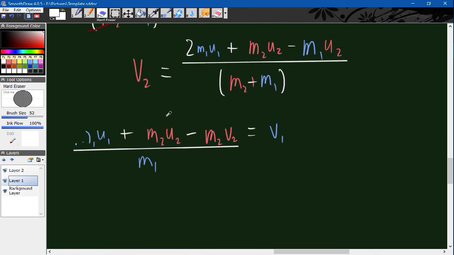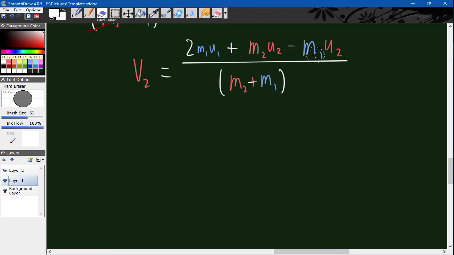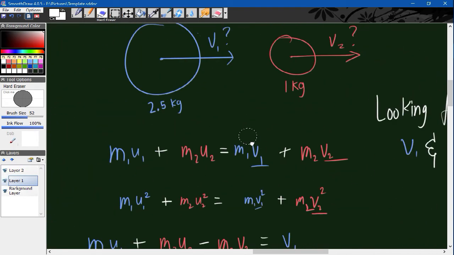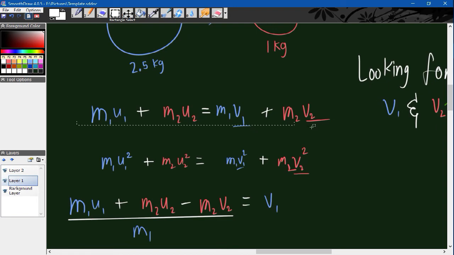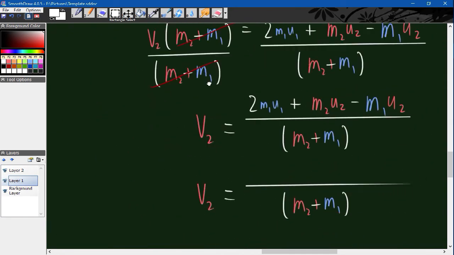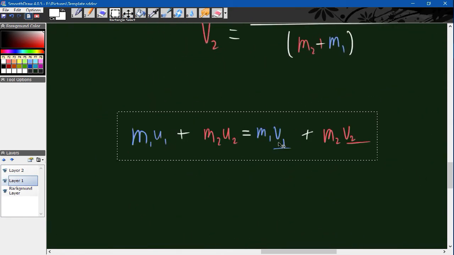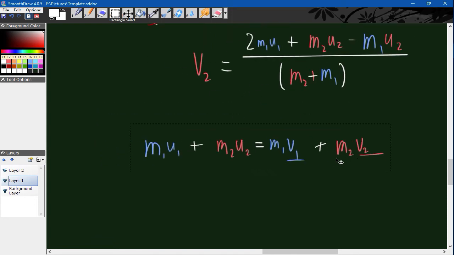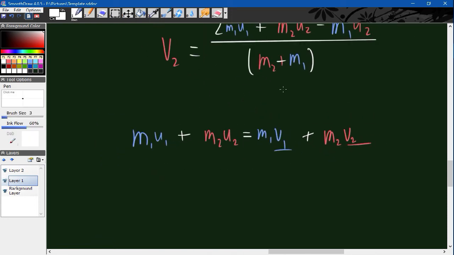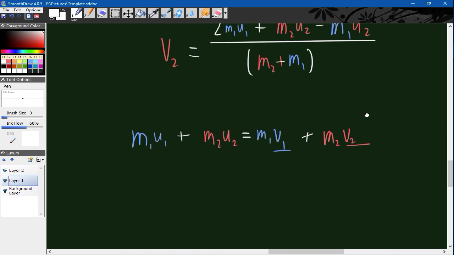Actually, everything's fine. But to make it simpler, wait, no, let's just use the other one. It hurts to look at. Let's just use this one. Okay, let's use that. And then we substitute this.